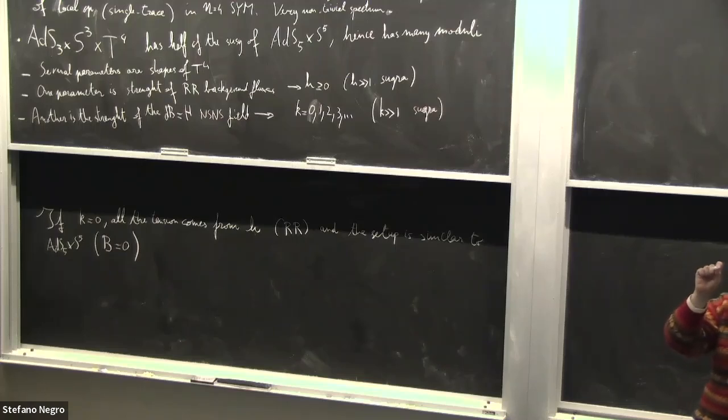But what I wanted to say is that if you start from a D1, D5, NS1, or fundamental string and NS5 background, you will just get a supergravity background that has both of them, and the dilaton is constant. Yeah, I'm familiar with the supergravity background you get from the D1, D5, but you're saying there's a supergravity construction with the richer brane system with basically both types of brane in it.